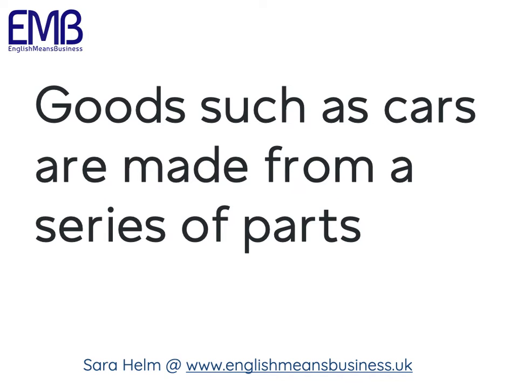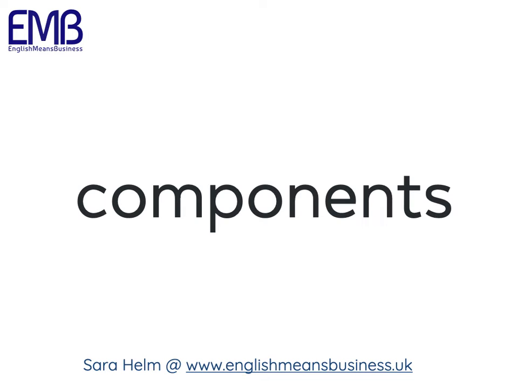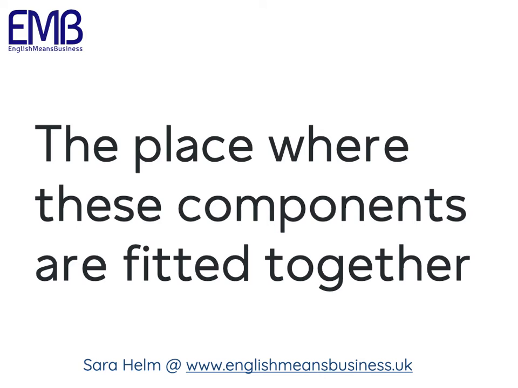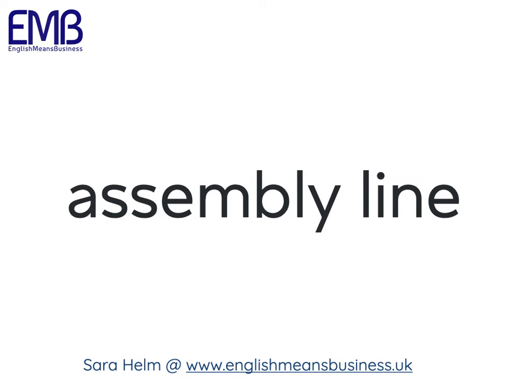Goods, such as cars, are made from a series of parts. These parts are also known as components. The place where these components are fitted together is the assembly line.